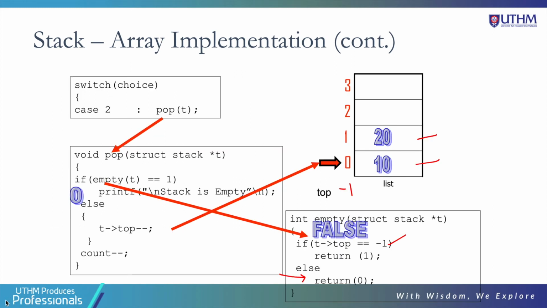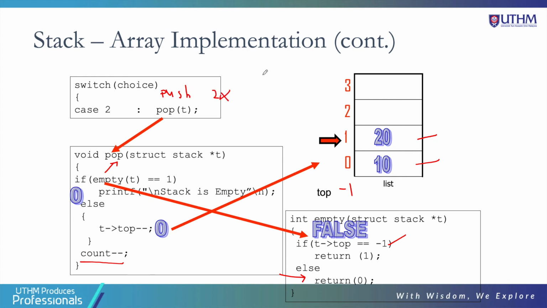I forgot to mention one thing here. Count minus minus. Whenever we call the pop function, the count will be decremented by 1. Let's say just now we called push 2 times.